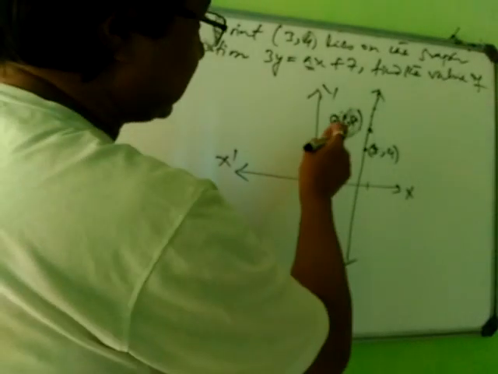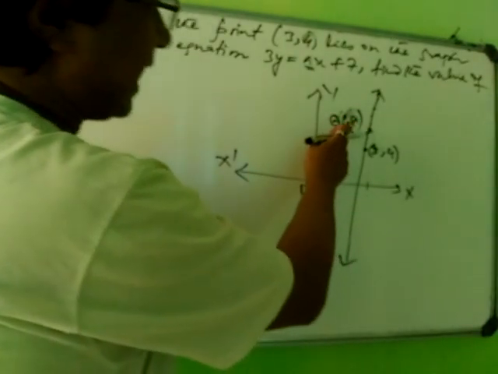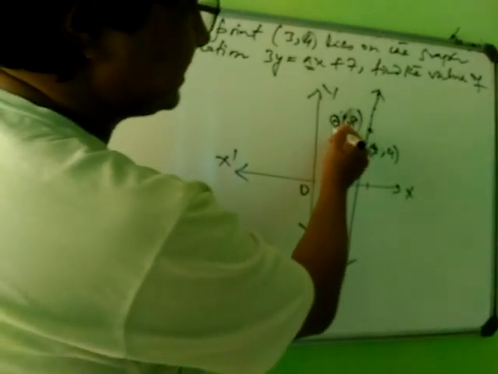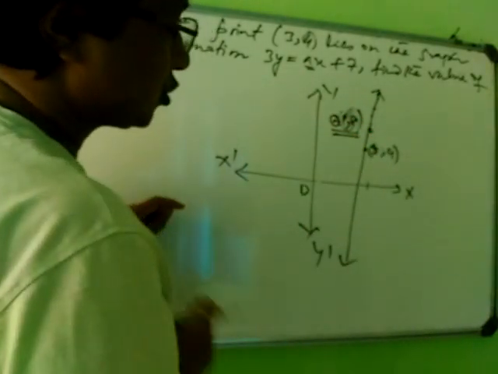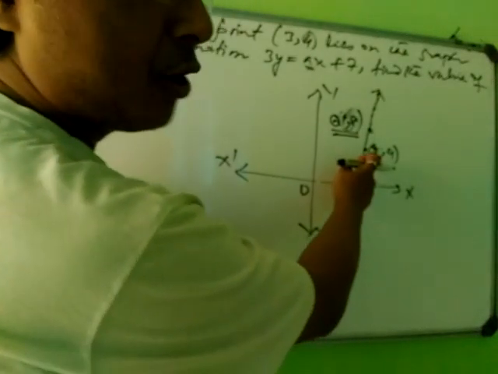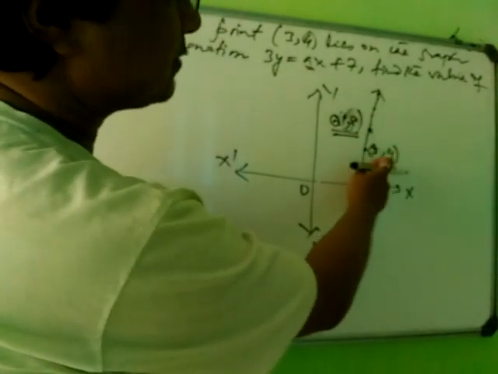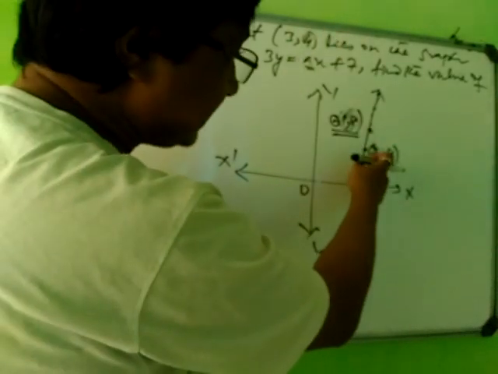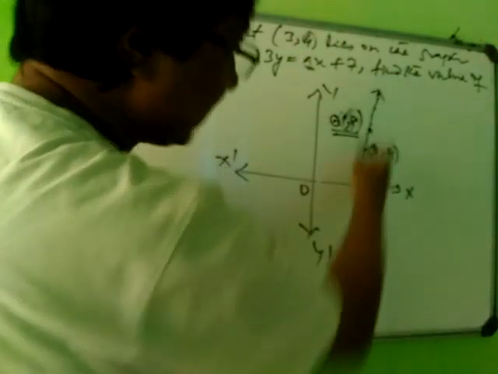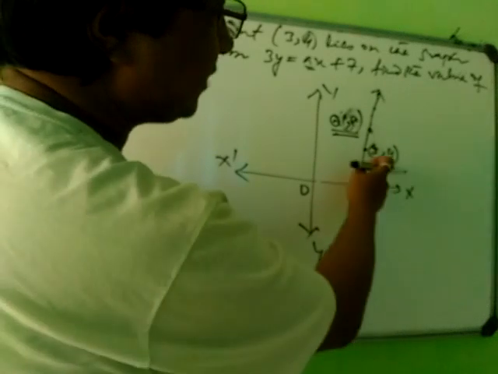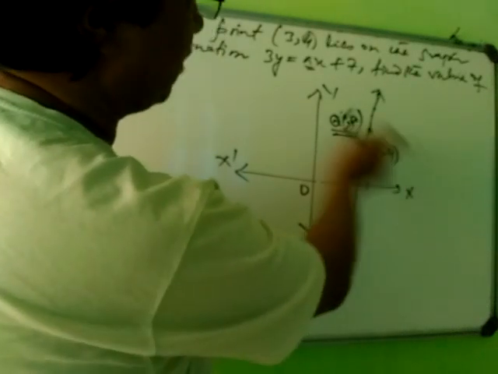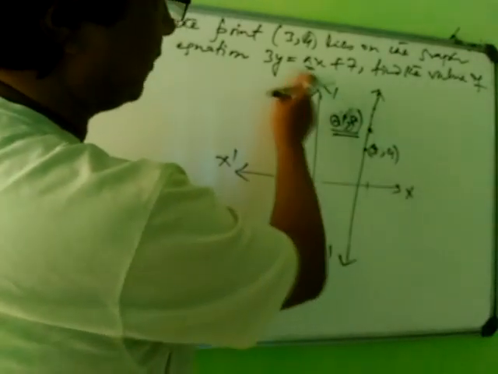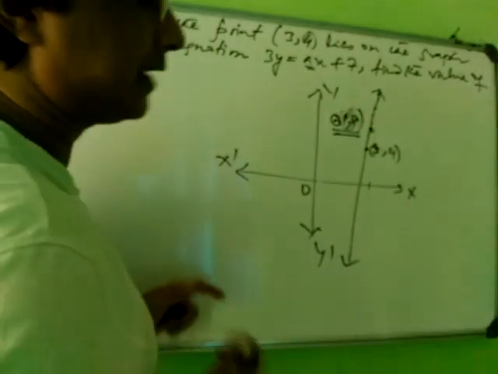So in that case, you cannot take x as 1 and y as 8 because this is not the solution. So any point that will lie on the graph, only that point becomes the solution of that equation. So now since 3 comma 4 lies on this graph, 3 comma 4 becomes the solution of this equation. X will be 3, y is 4. Then you simplify, you will get value of a.